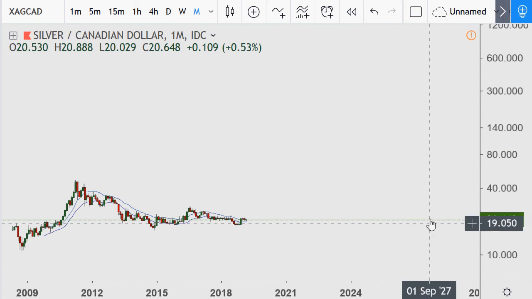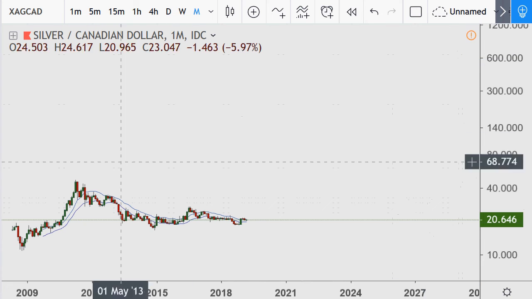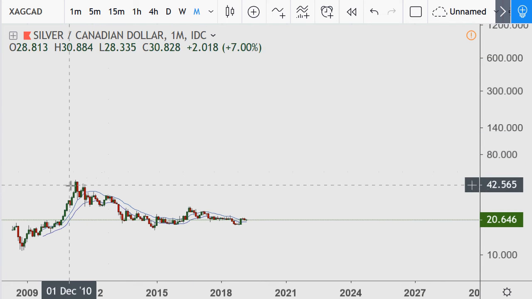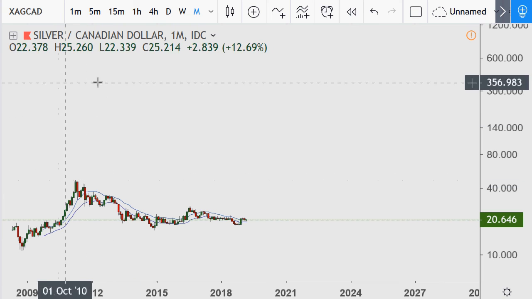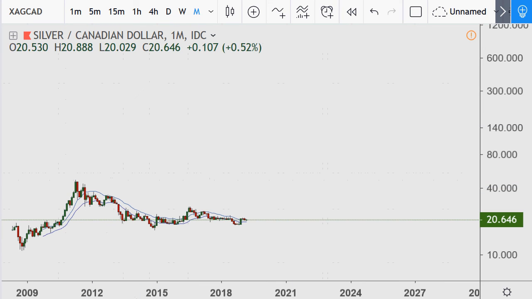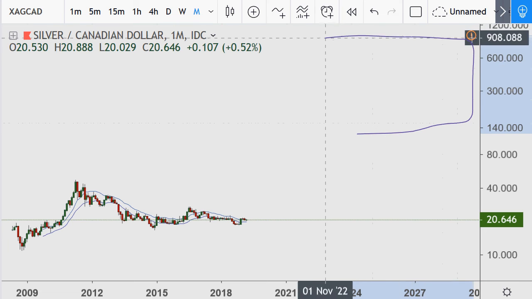Yep. So if we're looking at a chart in 2029, that it's normal when you're looking at the 2010 levels, it's down here. And we have price movement in this time in here.